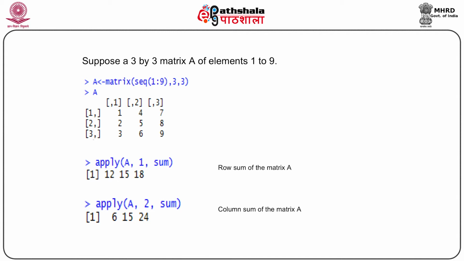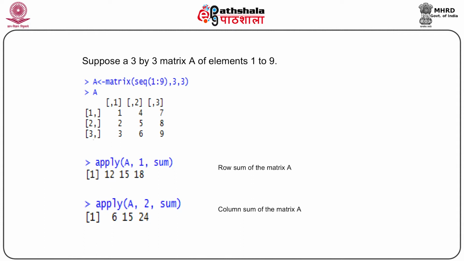Now here A is the array, 1 is the margin, and sum is the function which we wish to apply on the array. Since the command written here is apply(A, 1, sum), what we are basically getting is the row sum of the matrix A.